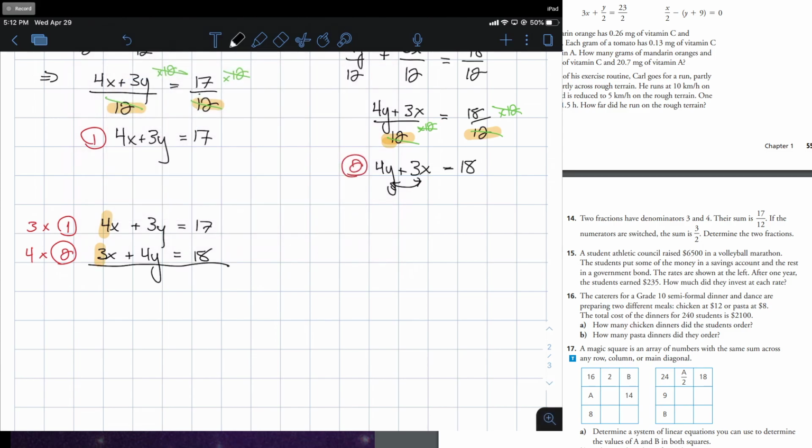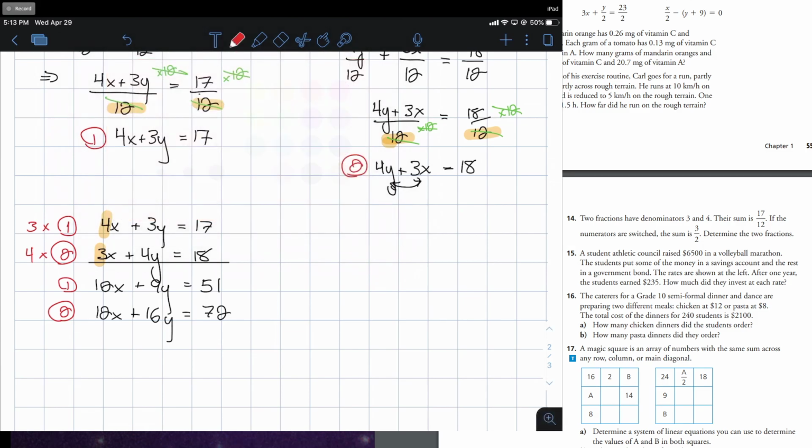So when I multiply through, I get 12x + 9y = 17 times 3, which is 51. My updated equation 2 will be 12x + 16y = 18 times 4, which is 72.